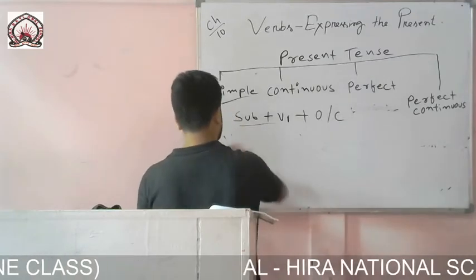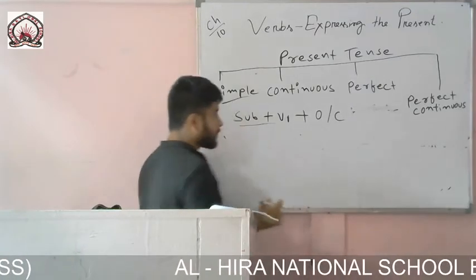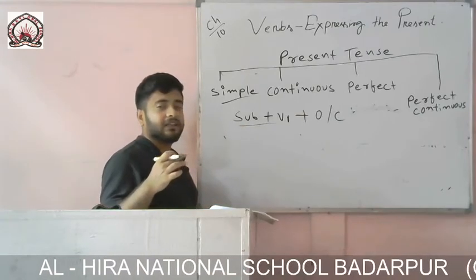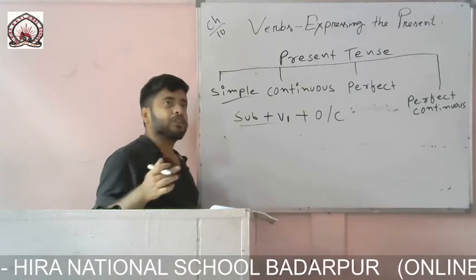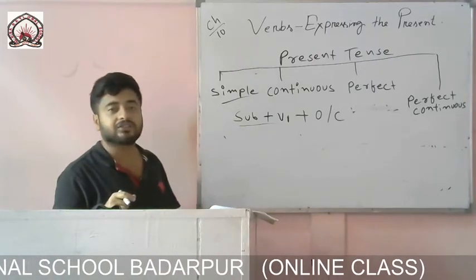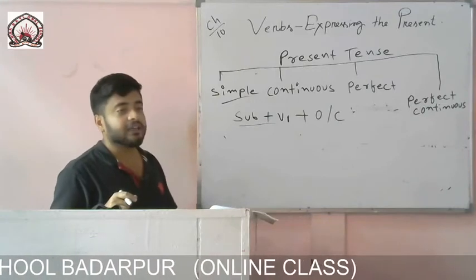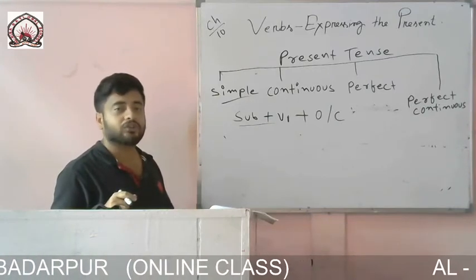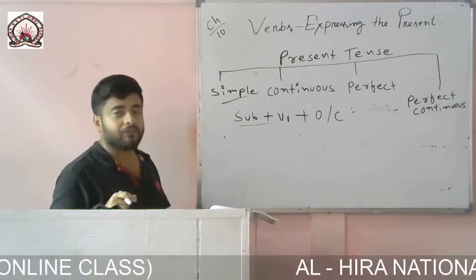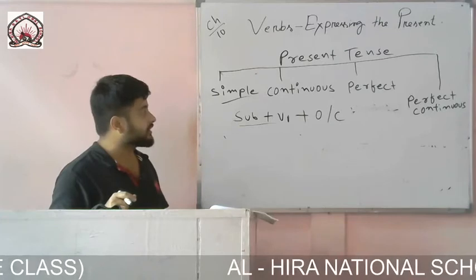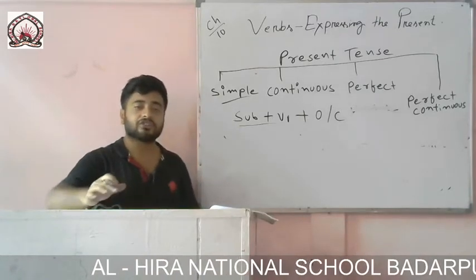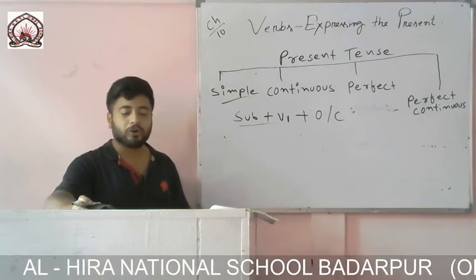Verb be and verb have or has are used in present indefinite or simple present as an ordinary verb to show existence or possession. But in present continuous, present perfect and present perfect continuous tense, they are used to form tenses.